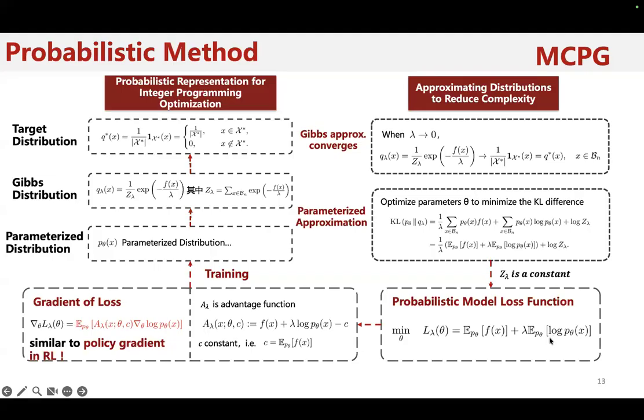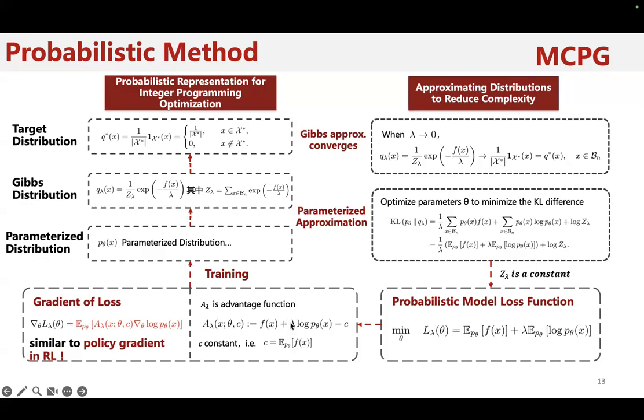So now we want to solve this problem. Can we compute the gradient of this function with respect to theta? By a very simple derivation, we can check that the gradient can be written in this form. We define the so-called advantage function, which is similar to the function in reinforcement learning.